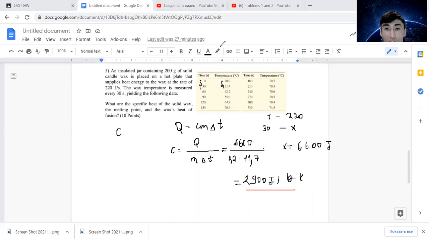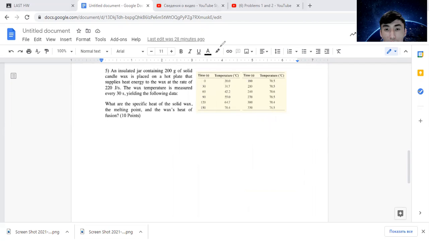Let's find the next one. The next question is the melting point. Melting point is when the solid starts to melt. Right? We can find it here logically. As we see in the table, two of these temperatures are constant for 30 seconds. During 30 seconds, temperature was not changing.